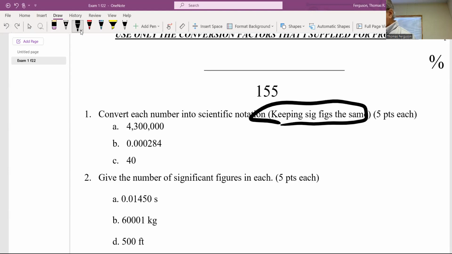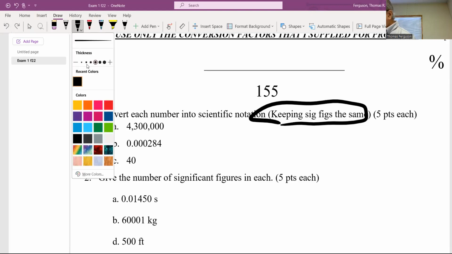Is the exam already on Canvas? I'm sorry, the test already on Canvas? This document, the take home? No. I'll send out a message when I put it up.